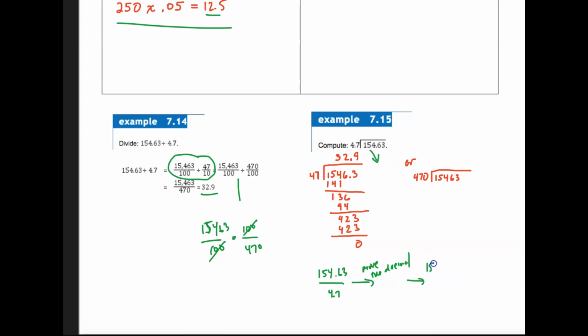So 154.63 times 10, all over 4.7 times 10, you're going to end up with 1546.3 all over 47, which becomes that problem there. And that's why we move the decimal when dividing.